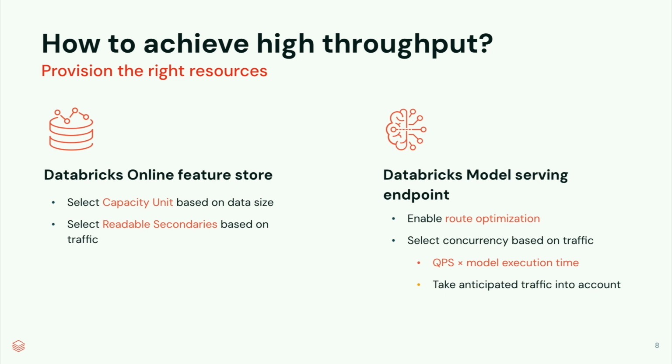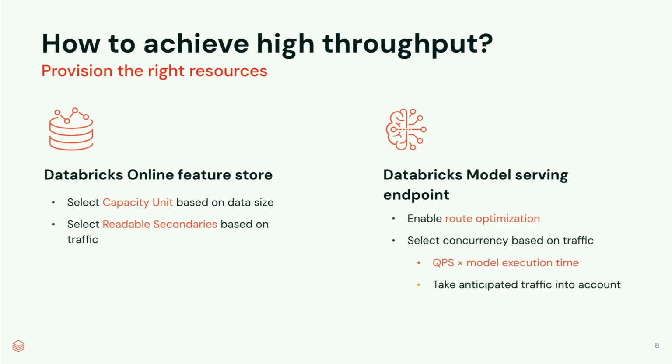Then to serve the anticipated traffic, we need to horizontally scale the online feature store, and this comes with the readable secondaries. If you read from more secondaries, each one has a smaller load.